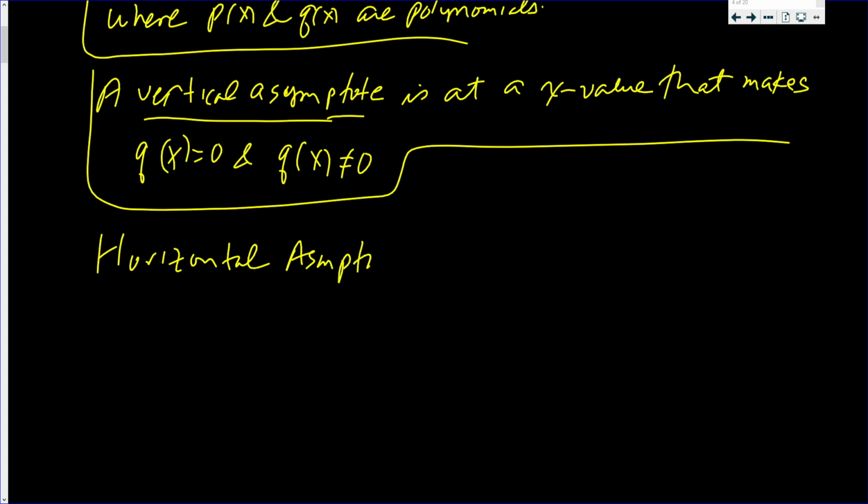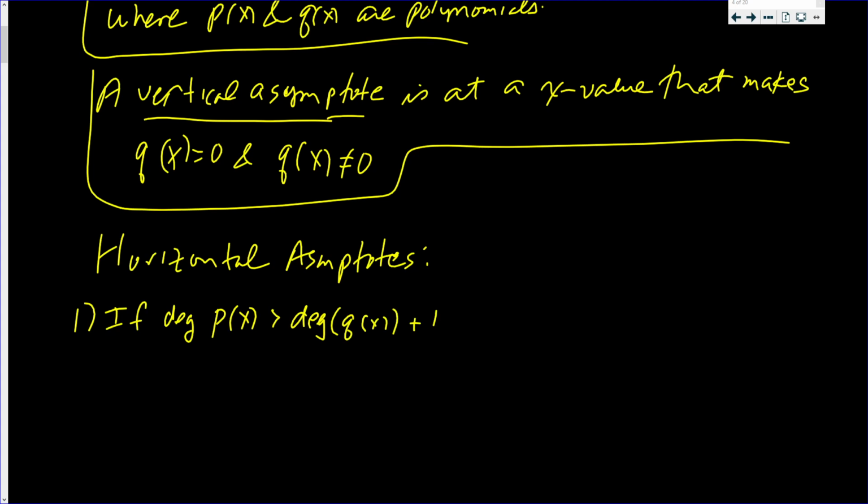If the degree of p of x is greater than the degree of q of x plus 1, then there is no horizontal asymptote. The degree of the numerator is just too large.